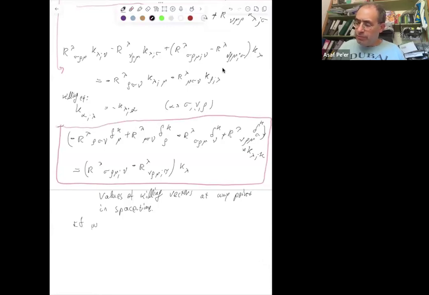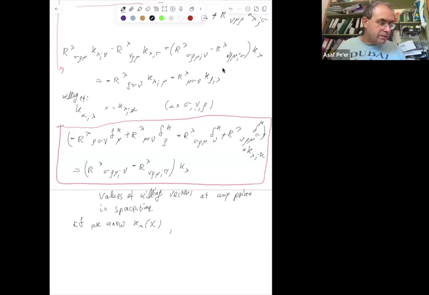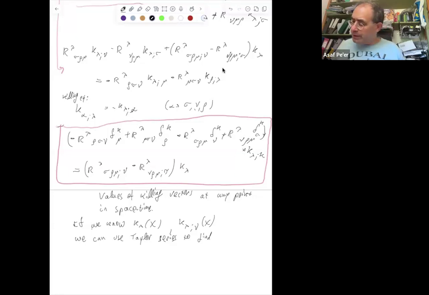If we know K_λ at x and K_{λν} at x, we can use a Taylor series to find K_λ at any nearby point x1.